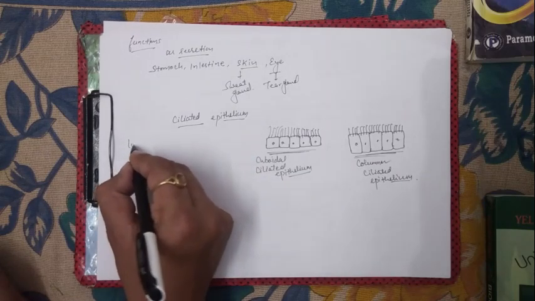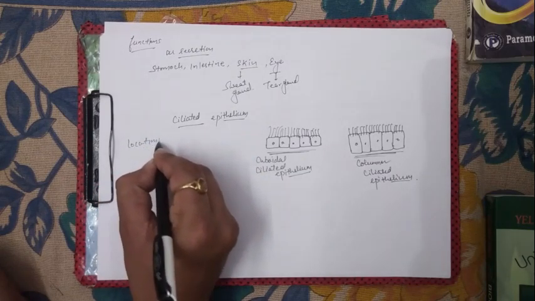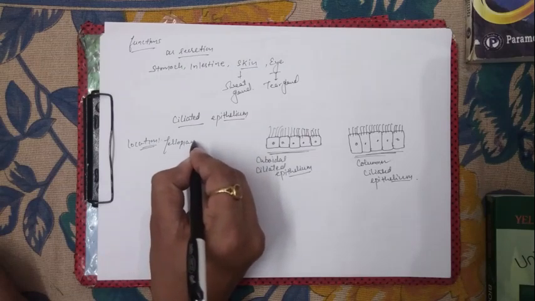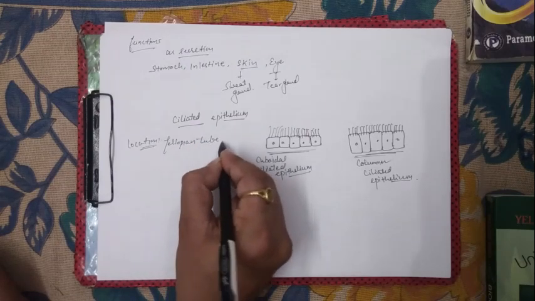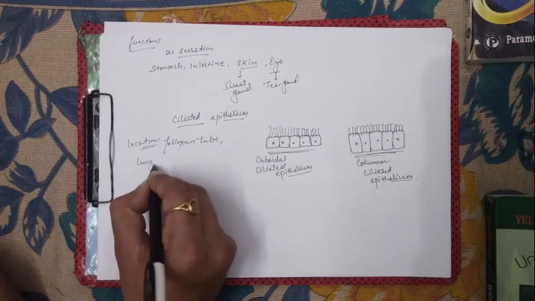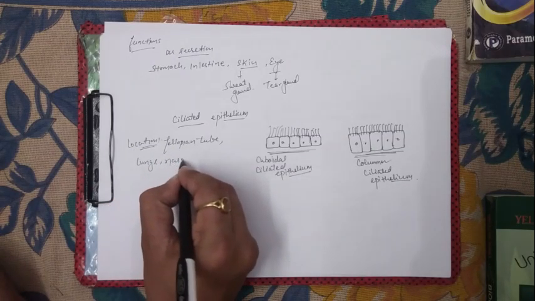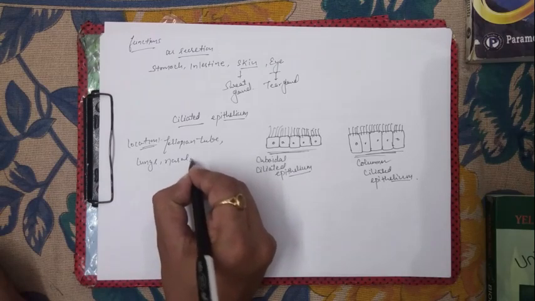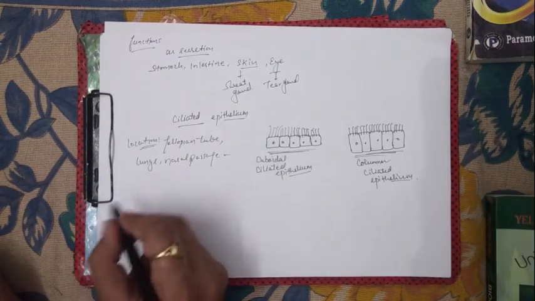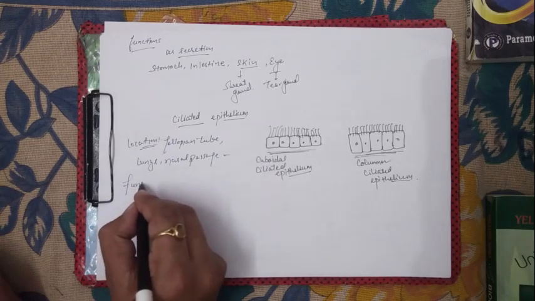Their locations: in the fallopian tube for the movement of the egg, lungs, and nasal passage-like structures.